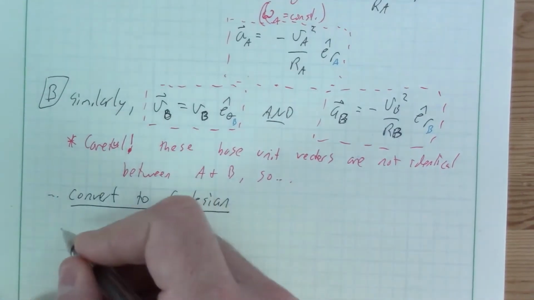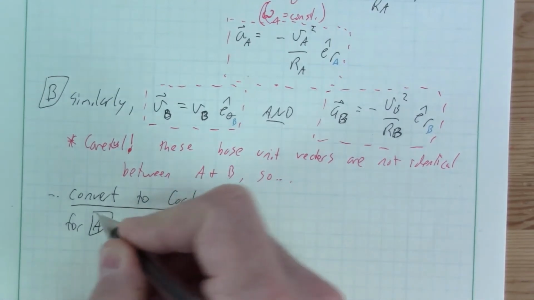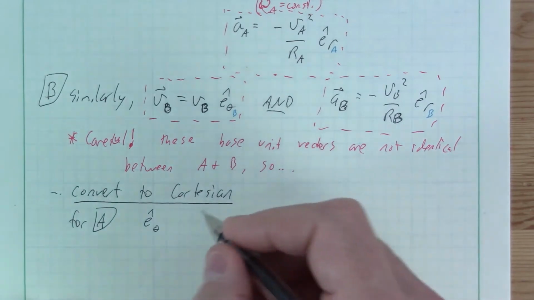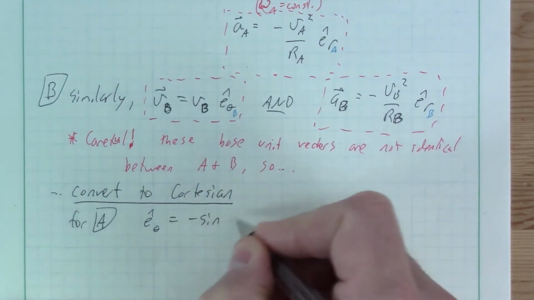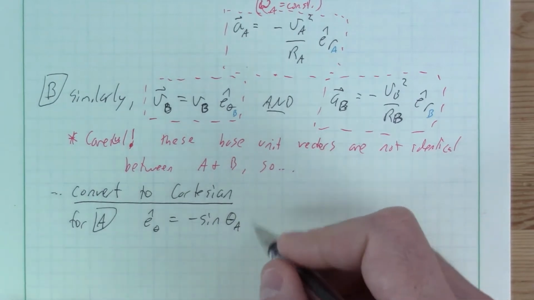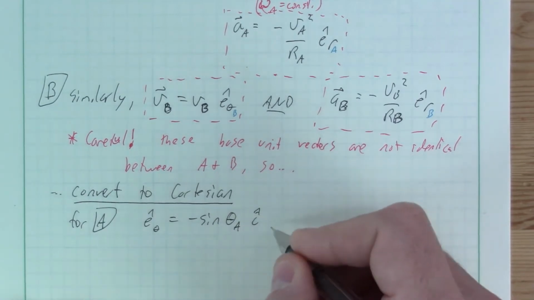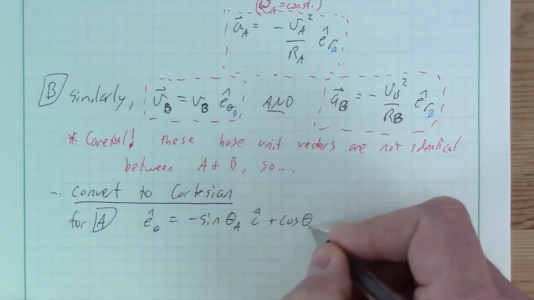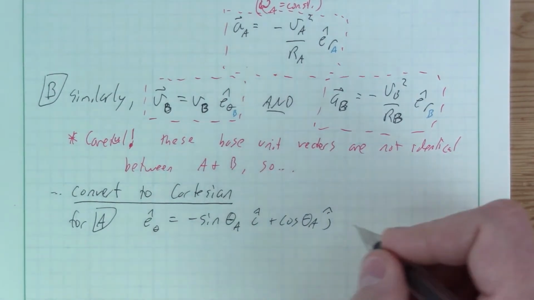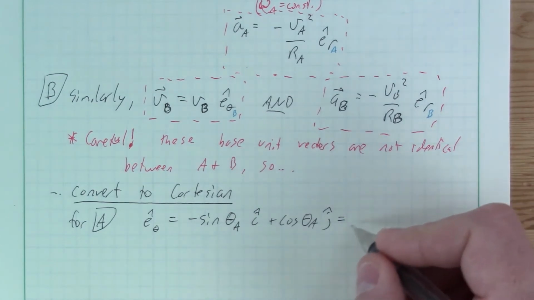Okay, so first for A, e hat theta is going to be, this is the normal one, right? Normal to the motion. E hat theta is going to be minus sine theta i hat plus cosine theta j hat. We've worked through these conversions to Cartesian in the past.